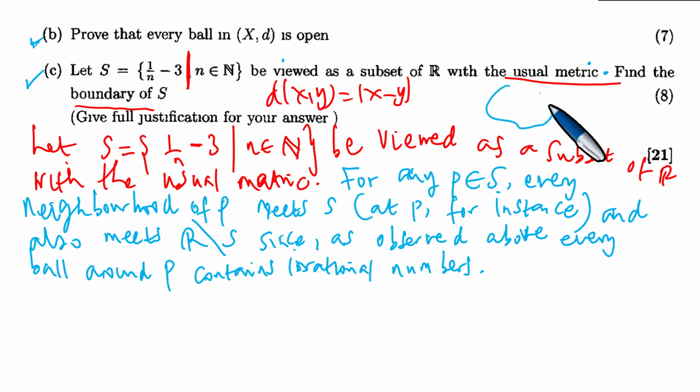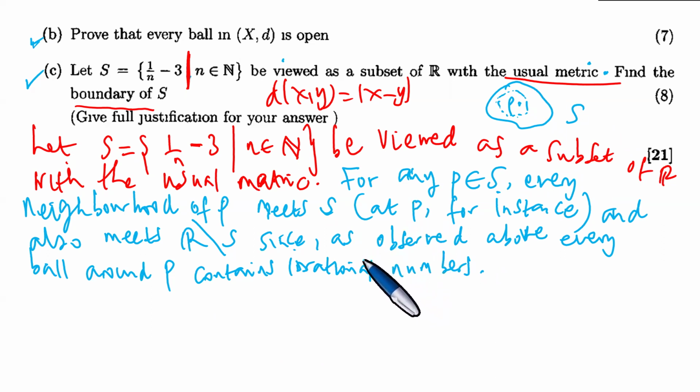So in other words, we have the set S, and then we pick a point P, and then we are saying every neighborhood of P meets S at P, for instance.